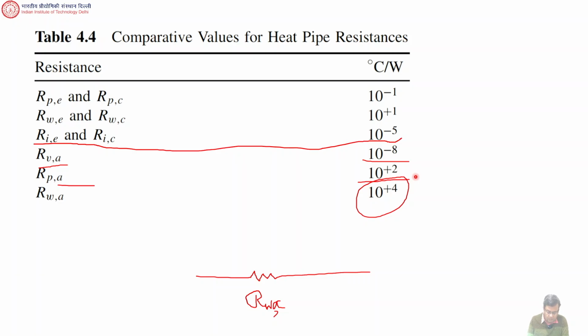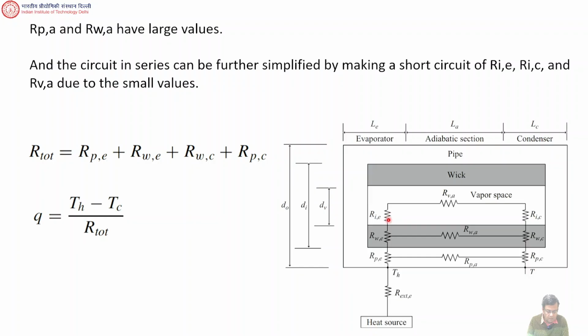So these resistances are small. If these things are small, then we can actually just say that the total resistance is RPE plus RWE plus RWC plus RPC. Correct? So we are saying that from here to here is not posing much resistance at all. Okay. So this is our total.